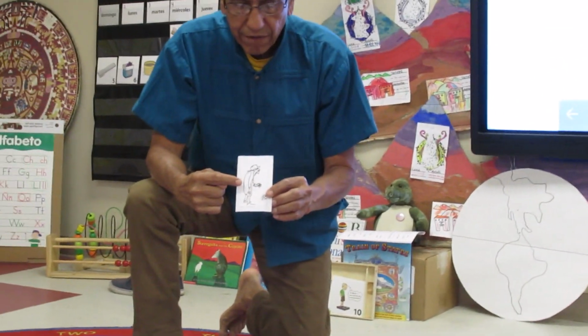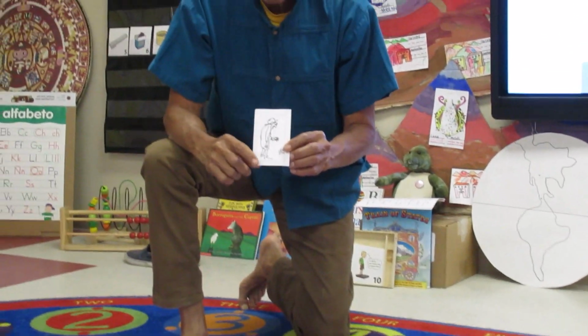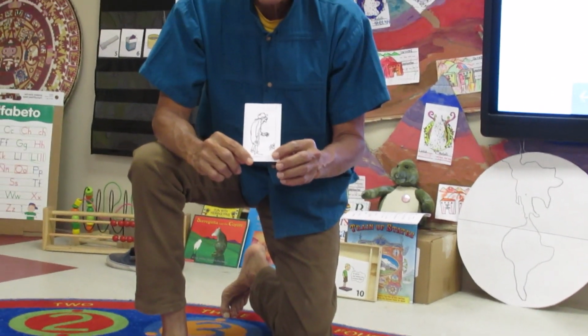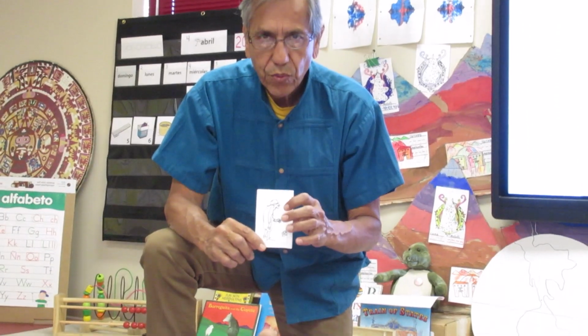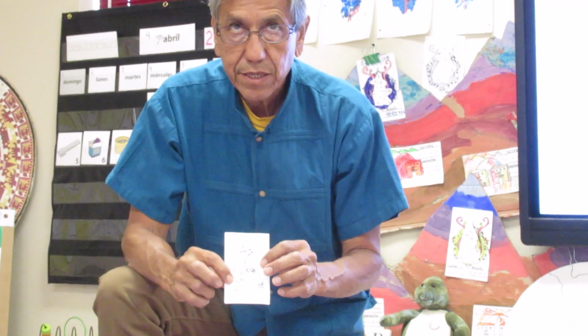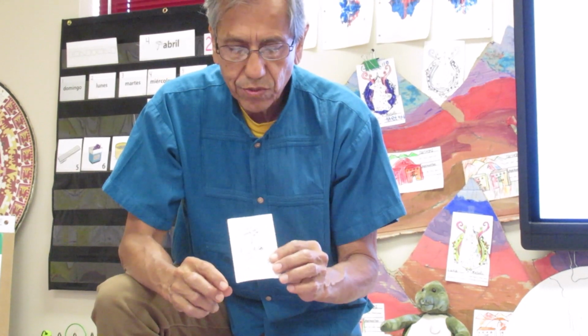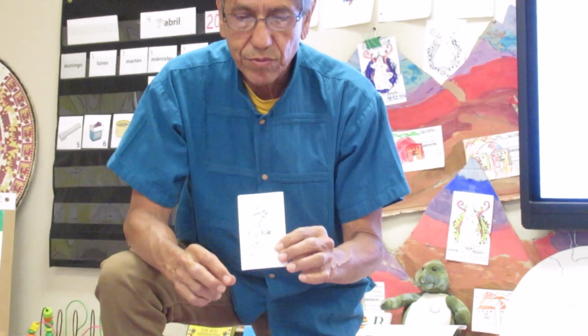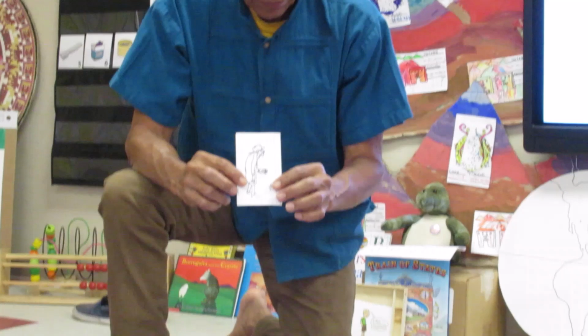Now, if we take care of our bodies, our health, our minds, when we reach this age, we should be at least 90 years old. We should be in our 90s when we reach this age.